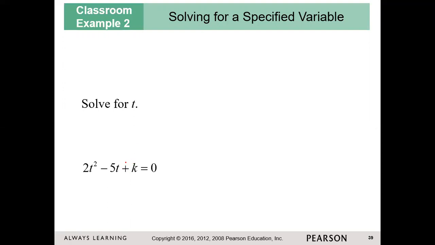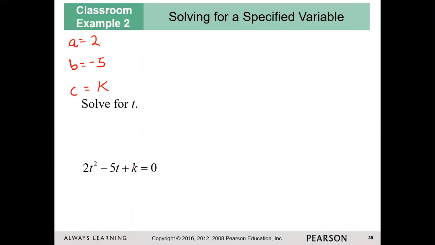They're like, I have no idea what I'm supposed to do with this. But remember, if you can't factor a quadratic to get your solutions, your very next step should always be to use the quadratic formula. So your a here is 2, your b here is -5, and your c is k. I know it's weird, but your c is some k, right? Your constant is k. We don't know what the constant is.